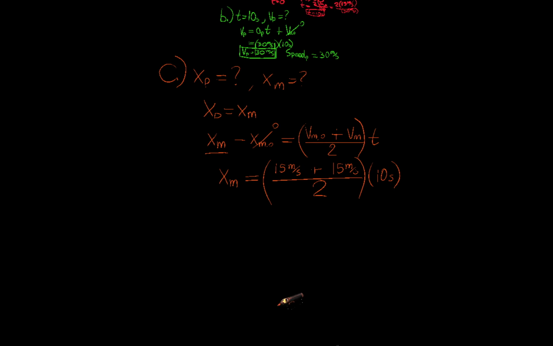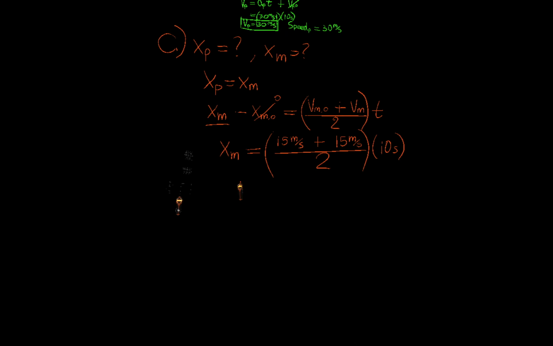And if you compute all of that out, you get that their position when the policeman catches them, xm, which is also equal to x of the policeman, of course, is equal to 150 meters. They've traveled quite a distance there.